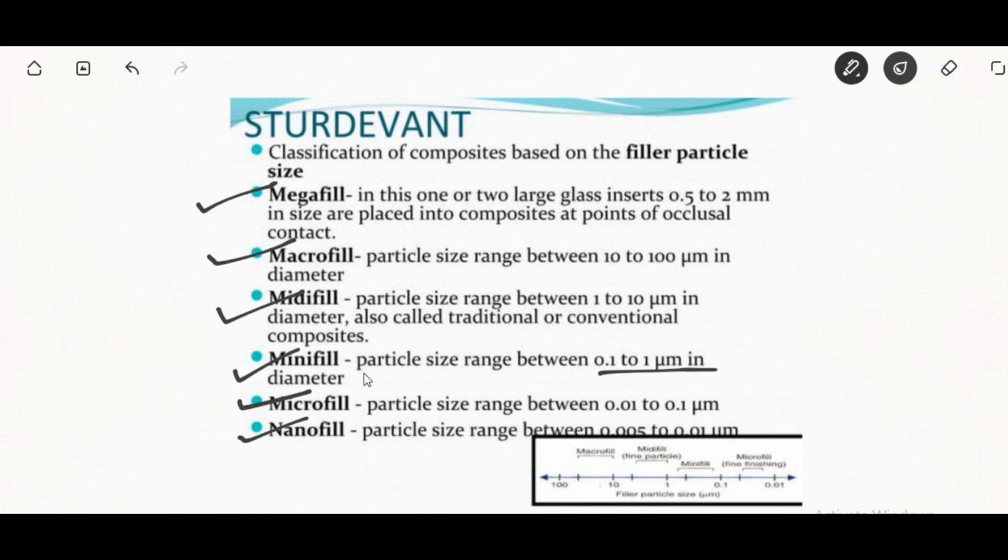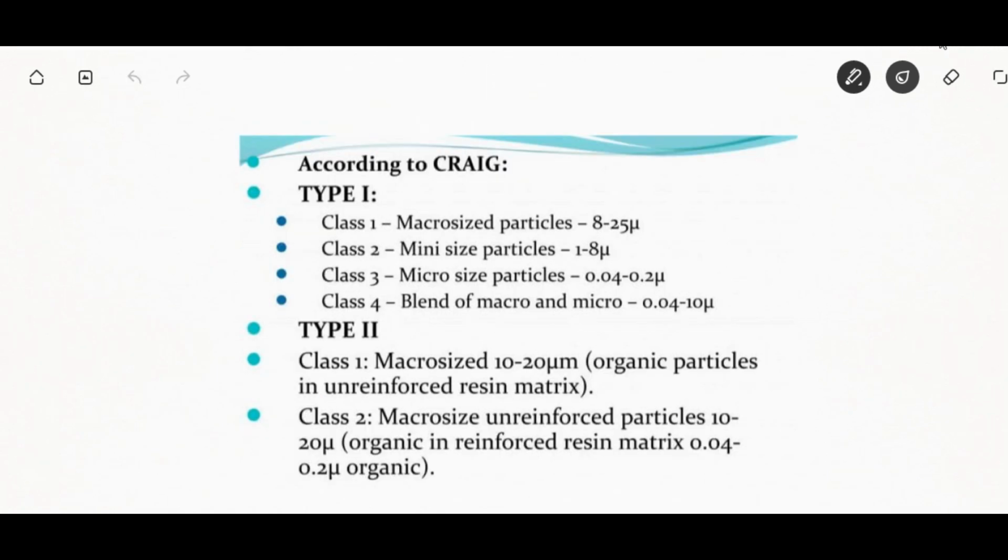Like minifills, they will have particle size range between 0.1 to 1 micrometer, and nanofill will have particle size between 0.005 to 0.01 micrometer. According to Craig, they can be divided into class 1, class 2, class 3, class 4 based on the particle size.